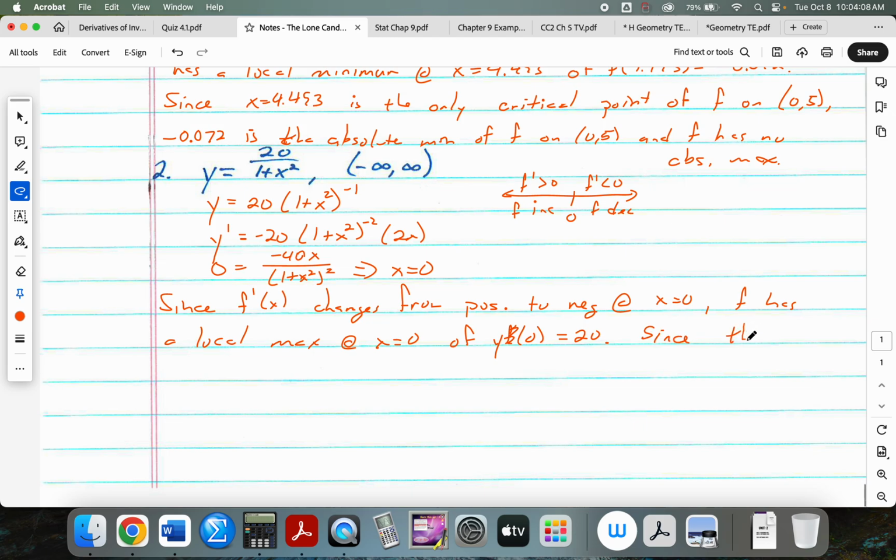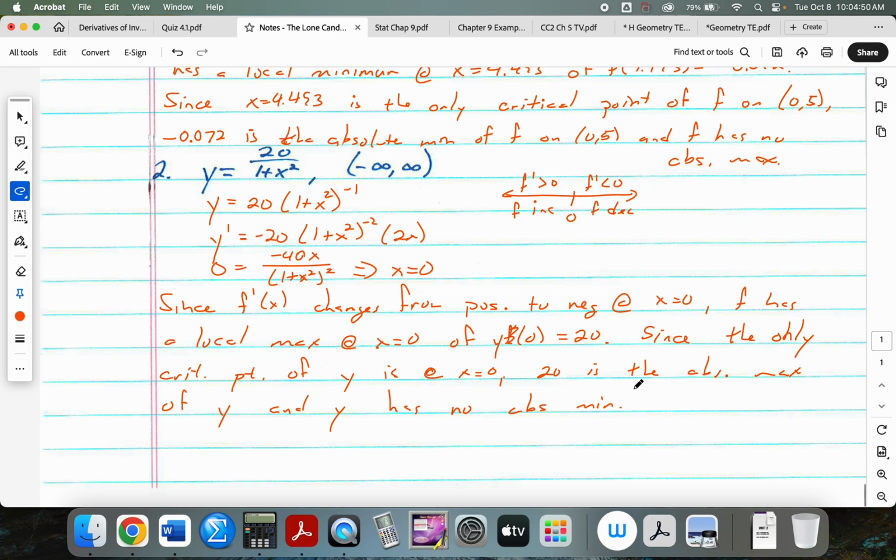Since the only critical point of y is at x equals 0, 20 is the absolute maximum of y, and y has no absolute minimum.